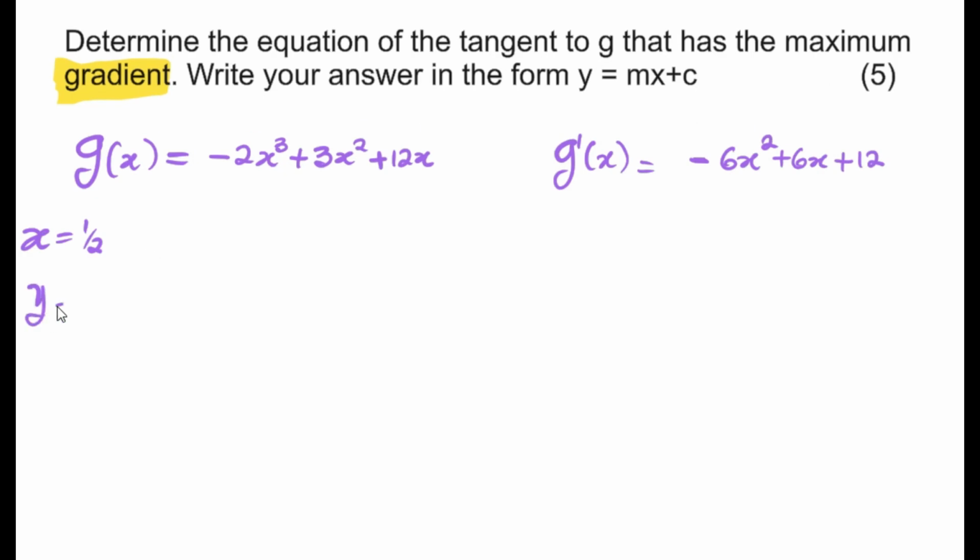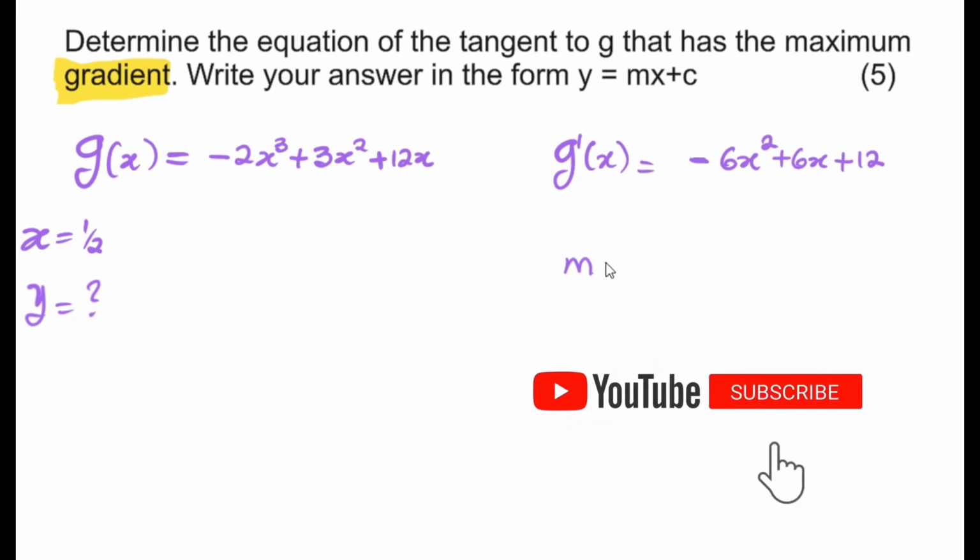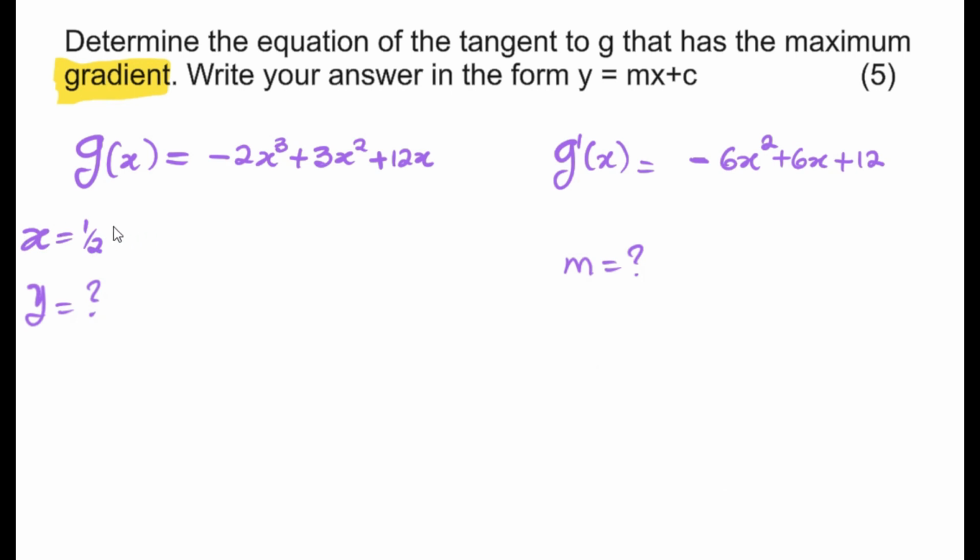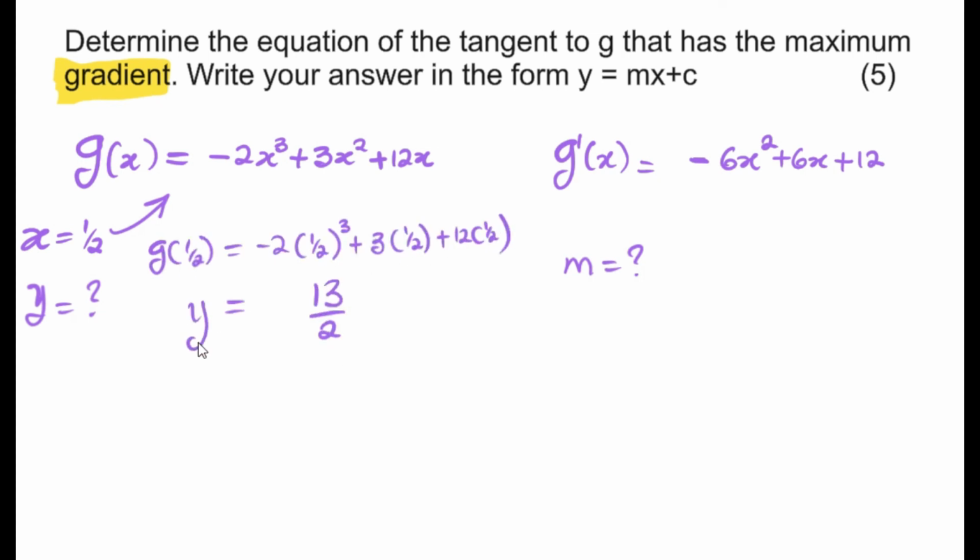We still need to find y, and we still need to find the gradient. Now, to find y, what we just do is substitute this x into the g(x) formula. So this will give you, so the y coordinate is 13 over 2.